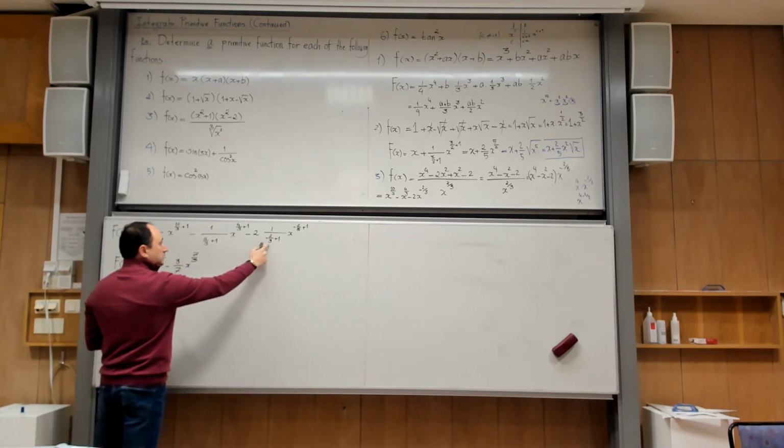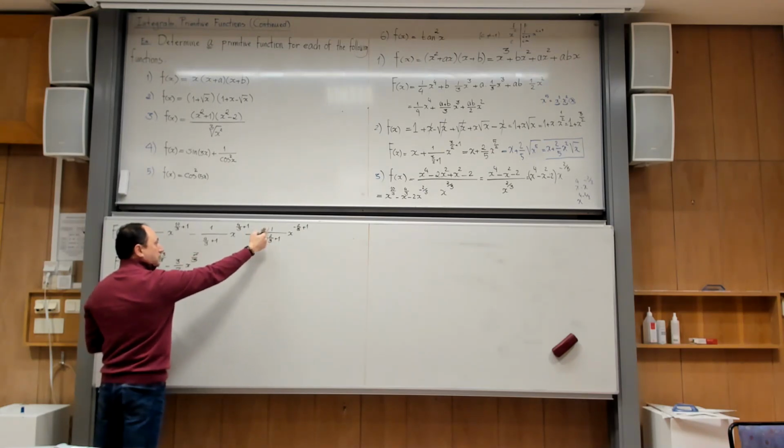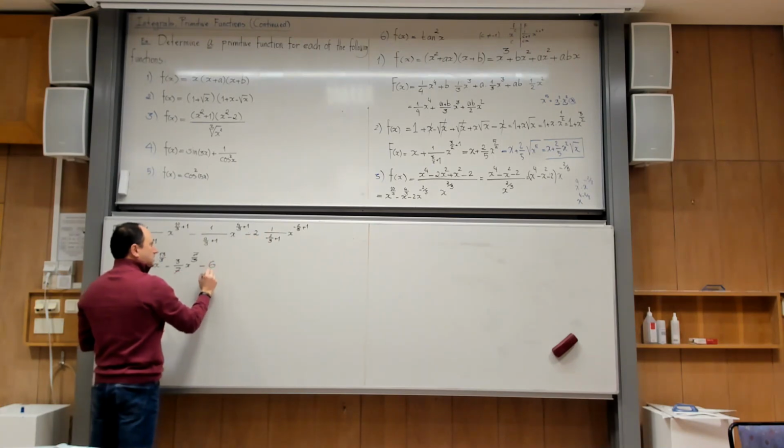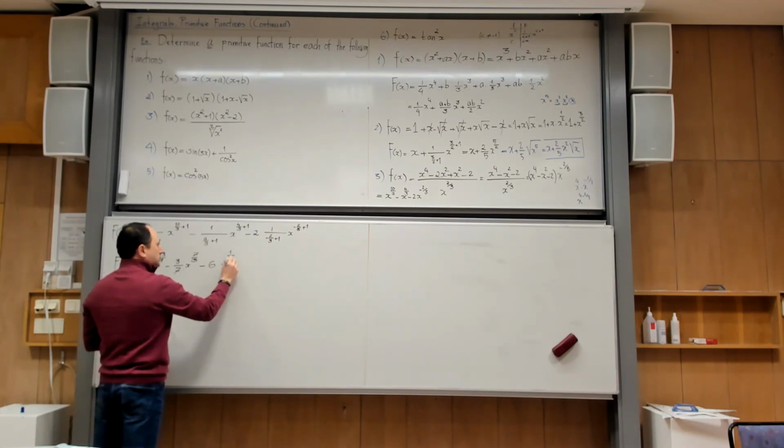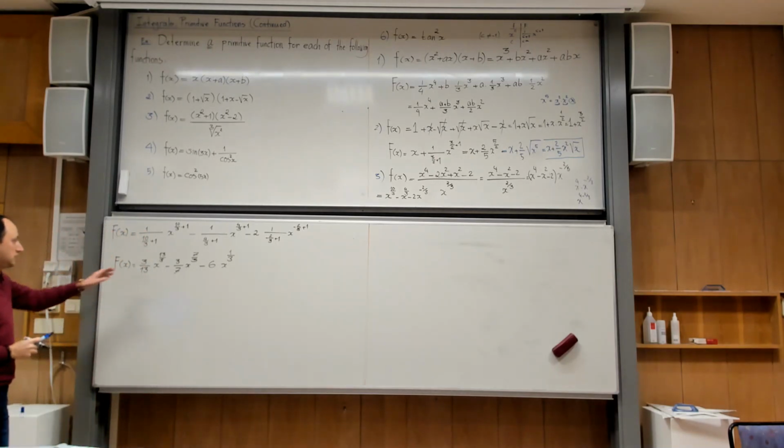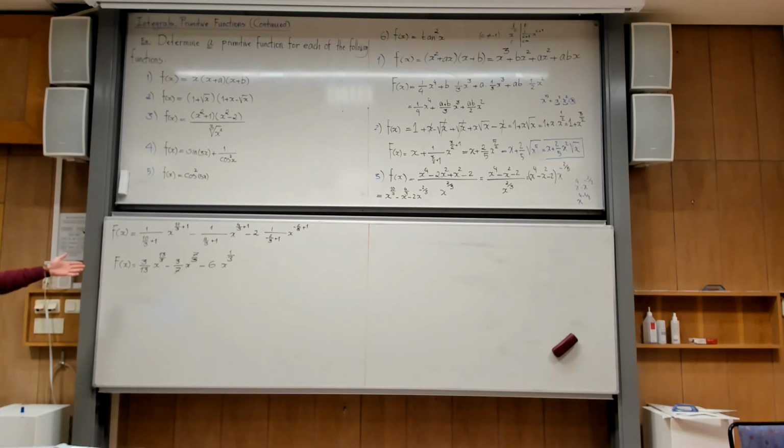And then here, it becomes 1/3, 3 goes up, multiplied by that is minus 6, x to the power of 1/3. So that would be your function. And I hope that you agree with me that it was not easy at all to guess that a primitive function for number 3 is this function. Yes? Questions?